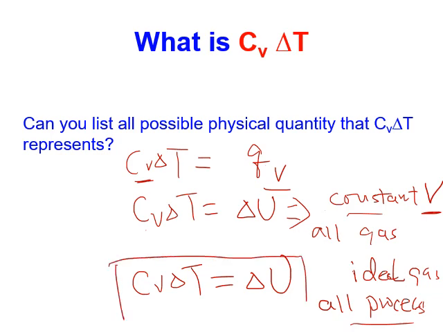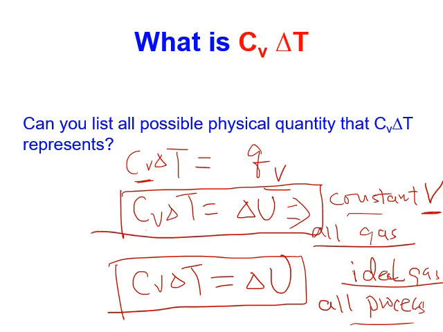For all processes, you can always use delta U equals CV delta T, but it must be ideal gas, because ideal gas internal energy is a function of temperature only. But if it's not ideal gas, then delta U equals CV delta T only applies for constant volume. If volume is constant, that's still true: delta U equals CV delta T, even for non-ideal gas.